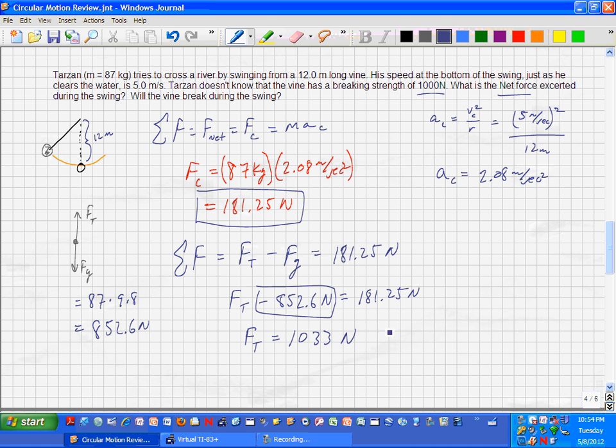Well, that 1,033 exceeds the 1,000 newton breaking strength, so that means the vine will break.